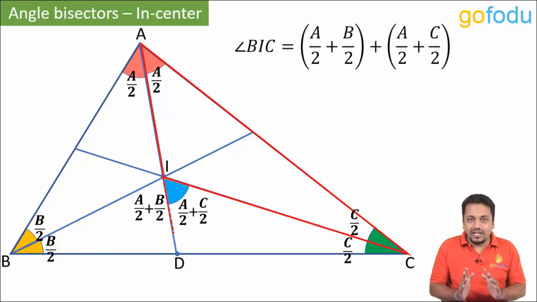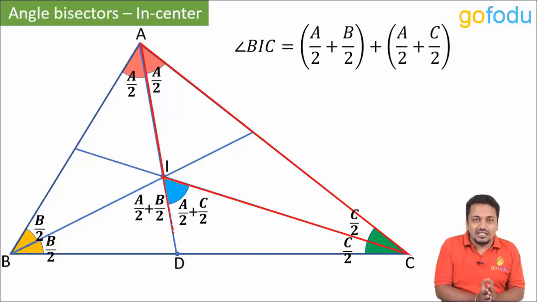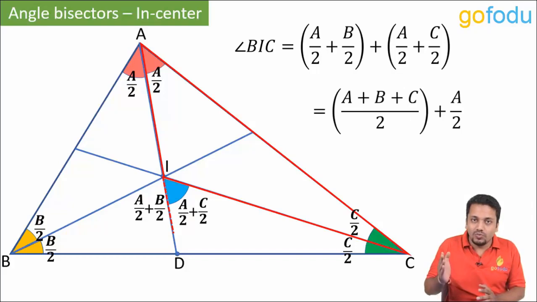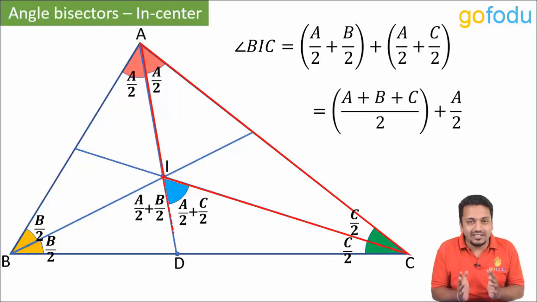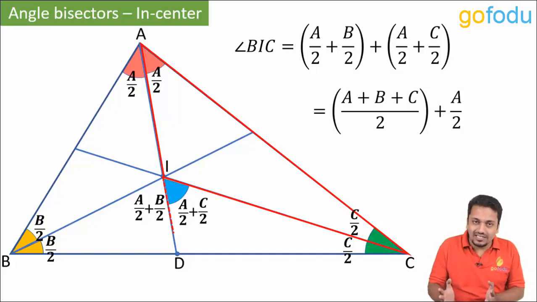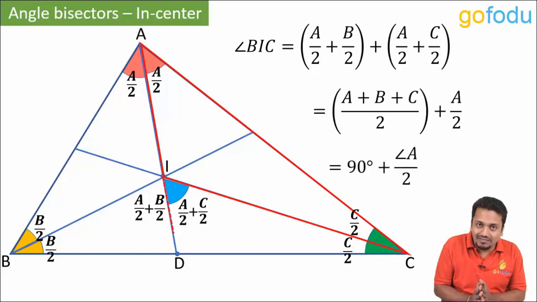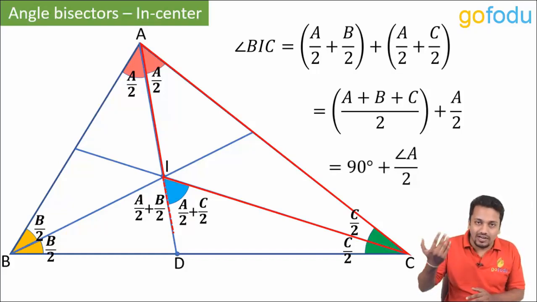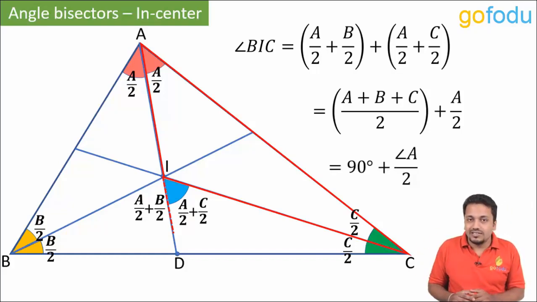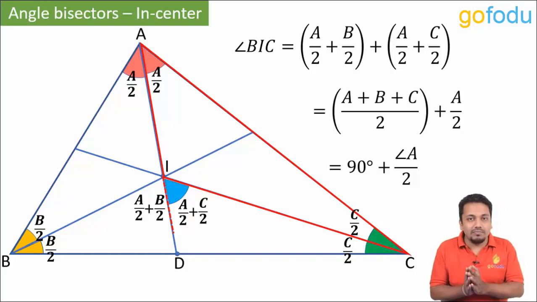So this is what we are getting angle BIC as. Take A by 2, B by 2 and C by 2 inside one bracket, and one A by 2 will be left over. So this A plus B plus C is 180 degrees upon 2, which is 90 degrees, plus the leftover angle A by 2. So this is 90 plus angle A by 2.